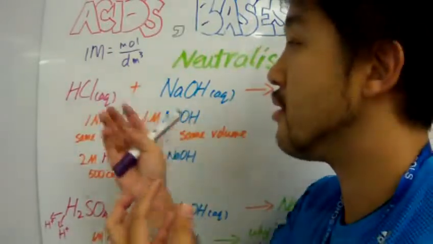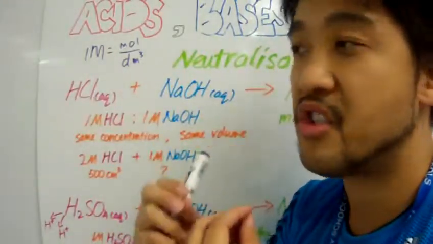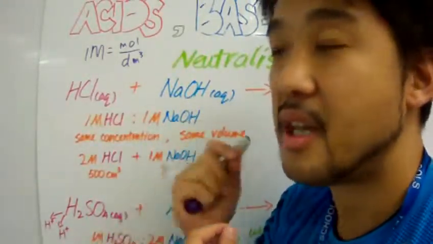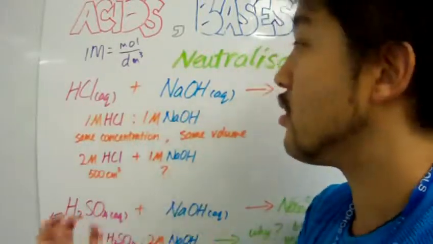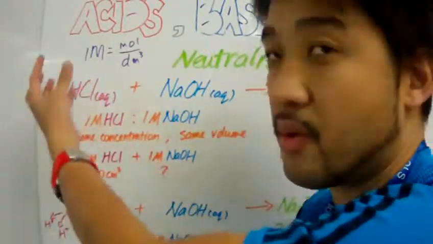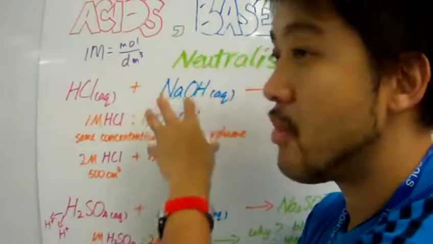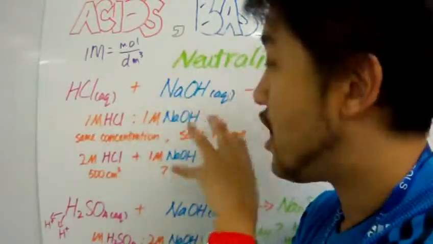When we put this in terms of concentrations of the acid or alkali, we'll talk about 1 molar of hydrochloric acid reacting with 1 molar of sodium hydroxide.